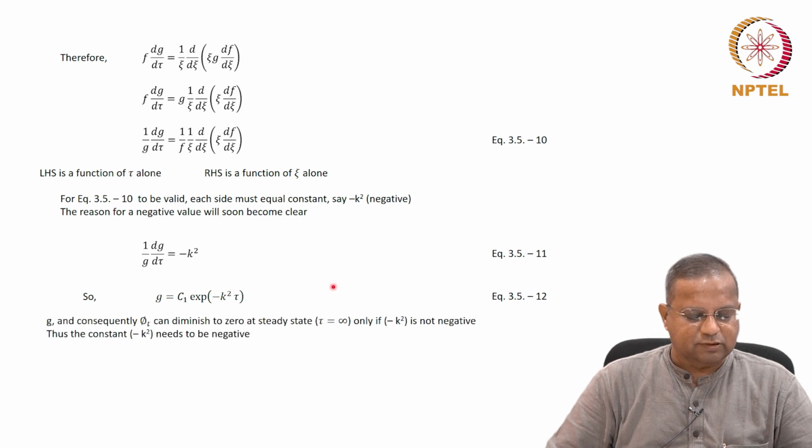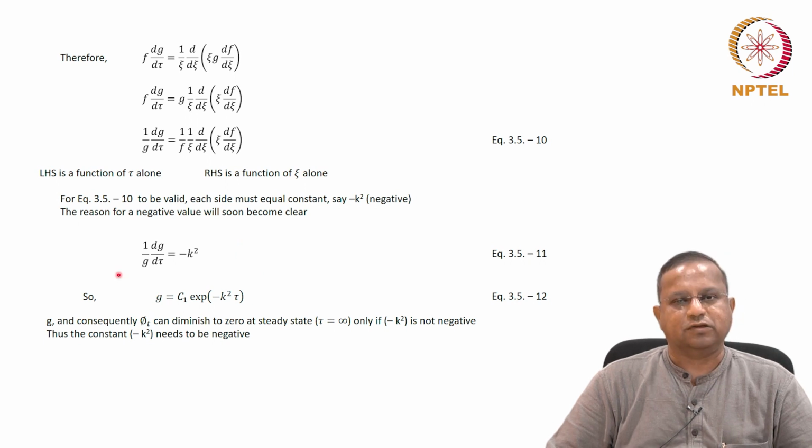And now the reason becomes clear. g and consequently φ̃ can diminish to 0 at steady state, at τ equals infinity, only if minus k squared is not positive. Thus the constant minus k squared needs to be negative. So that's the reason why we took a k squared term, which is always positive, added a negative to it, and took that to be our constant to satisfy a physical situation.